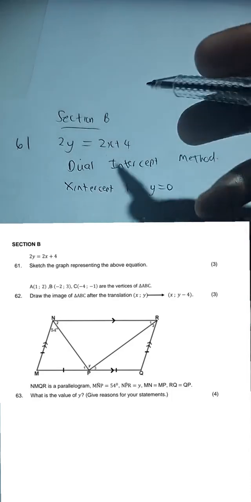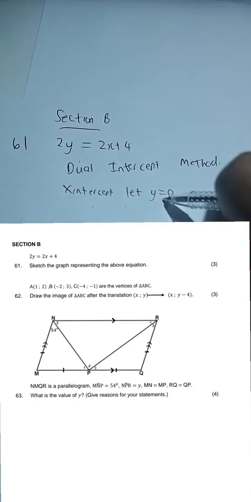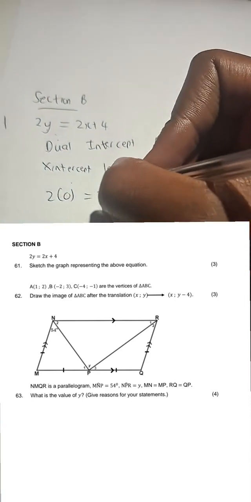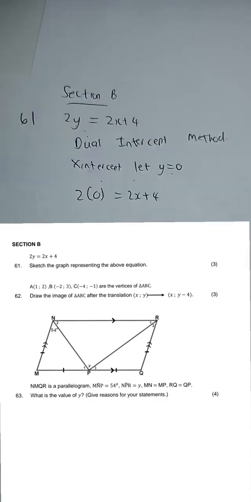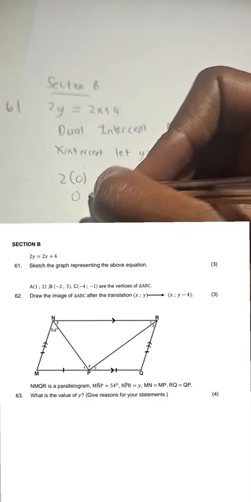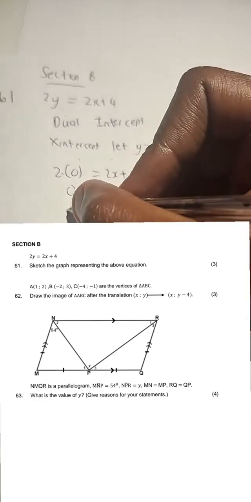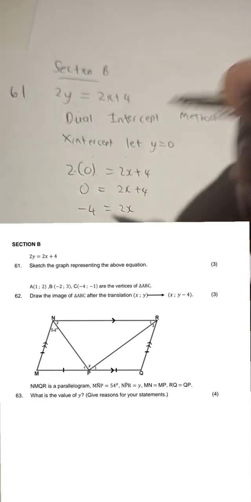2022 paper. Okay. X-intercept, we let y be equal to 0. So we go there, substitute in the place of y, we substitute 0 in brackets, equal to 2x plus 4. And then we can solve for x. So 0, 2 times 0 is 0, 2x plus 4. We take the 4 over, it becomes negative 4.